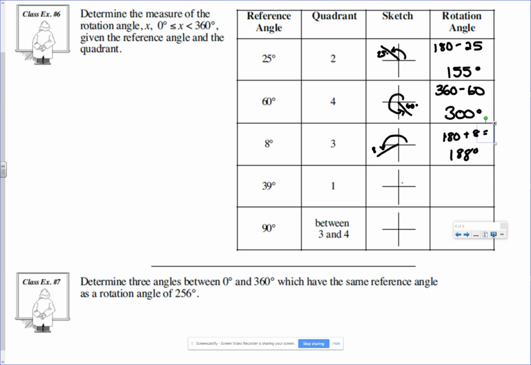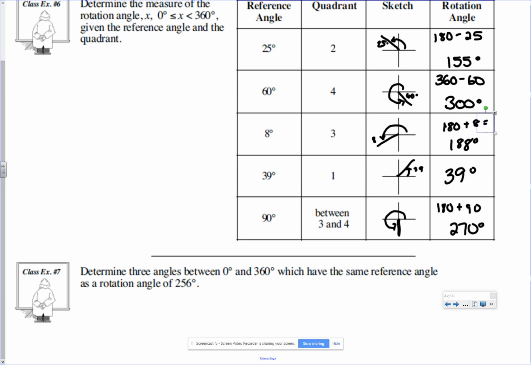And then if I had 39 degrees in quadrant 1, so that's 39 degrees right there, that would be just the same value. And then my last one, it says 90 degrees between quadrants 3 and 4. So there's 90 degrees right there. So then my standard angle is right there. And that is 180 plus 90, which is 270.